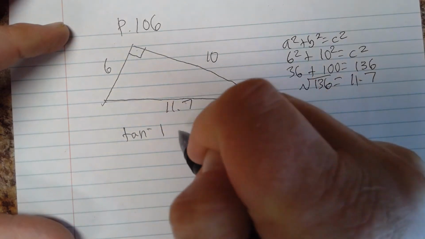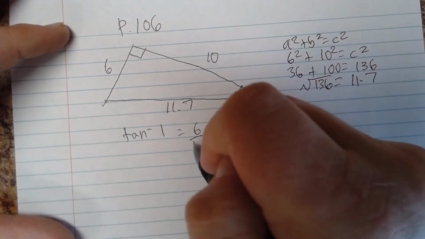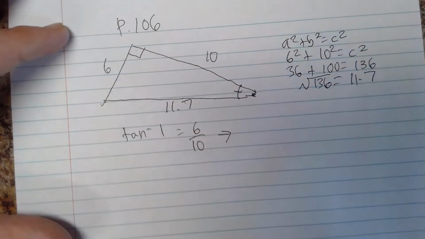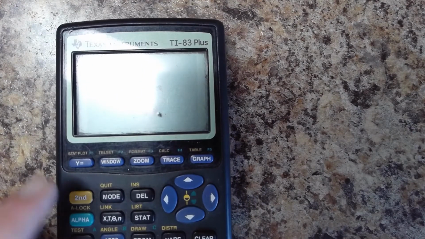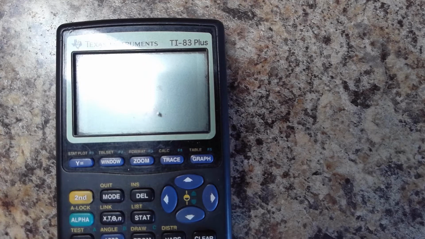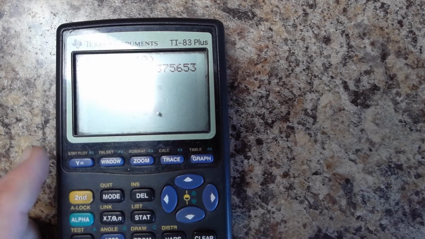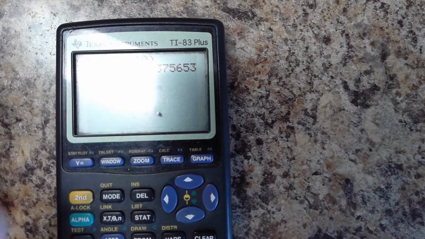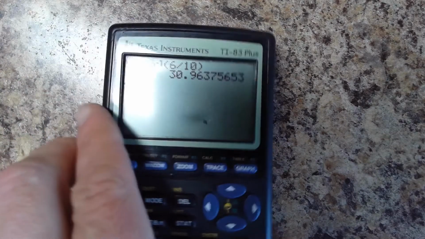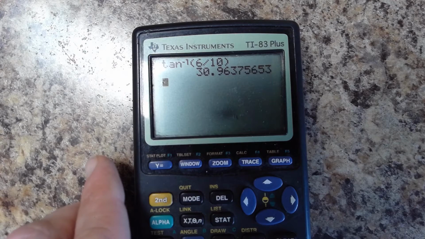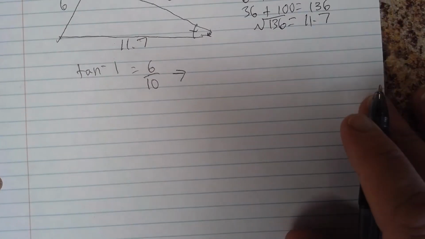Tan inverse 6 over 10. Second, tan 6 divided by 10. 30.96. I'm going to round that up to 31 degrees.